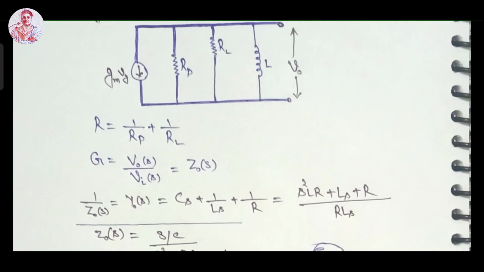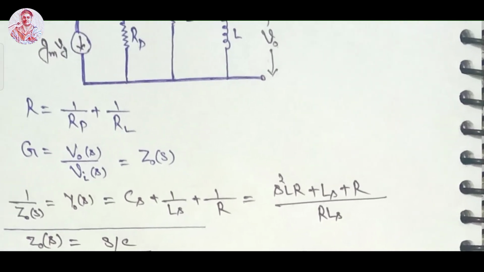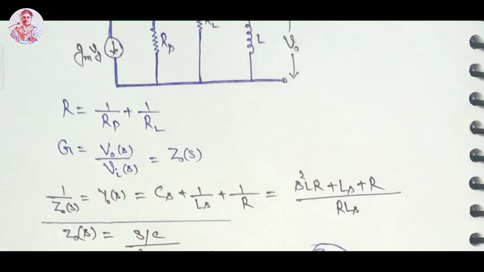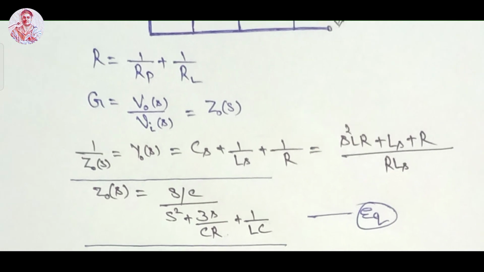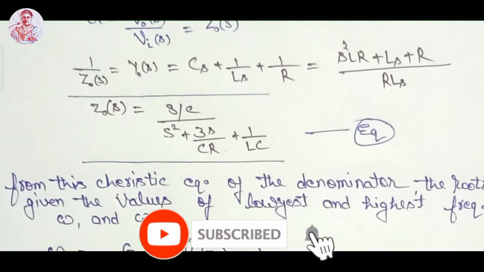By calculating, we get s square LR plus Ls plus R over LRs. By solving this, we get Zs equal to s over C over s square plus s over CR plus 1 upon LC. This is the equation.